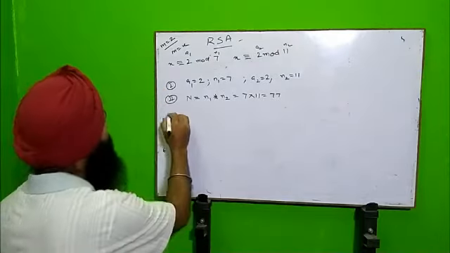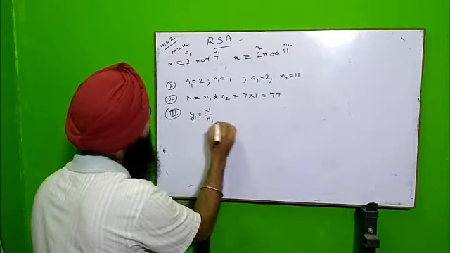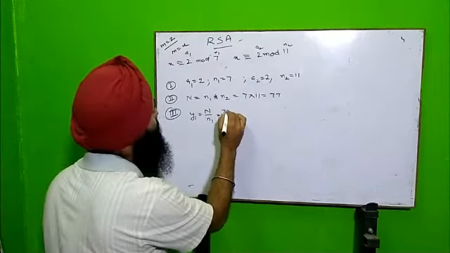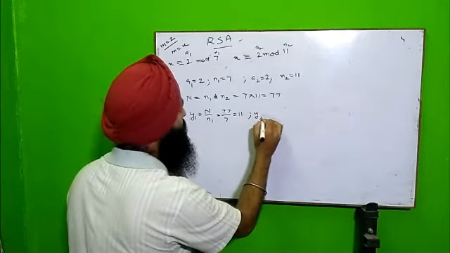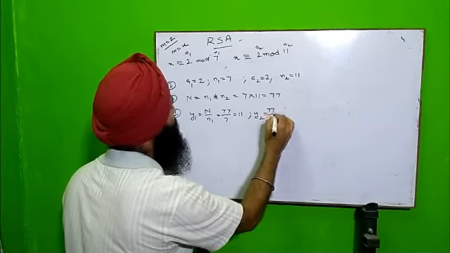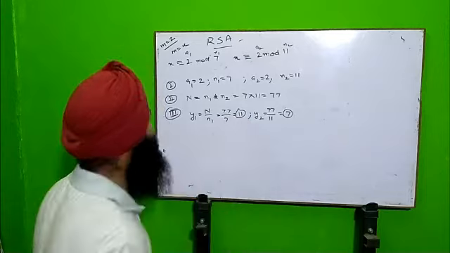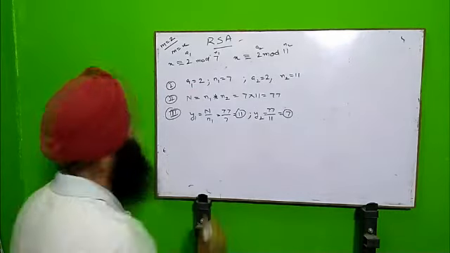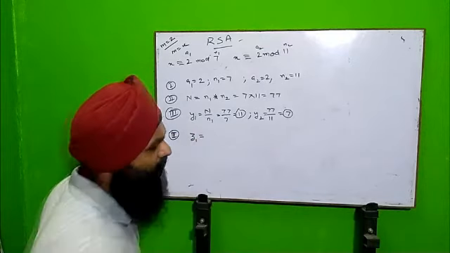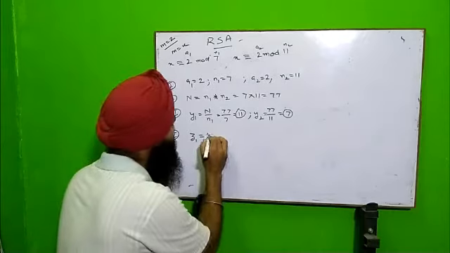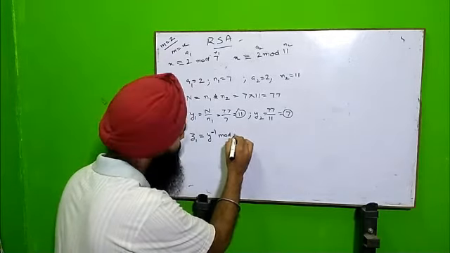The third step is to find y1, that is N over N1, 77 over 7, which is 11, and y2, that is 77 over 11, which is 7. These are the values of y1 and y2. Now the fourth step is to find z1, and z1 is equal to y1 inverse mod N1.